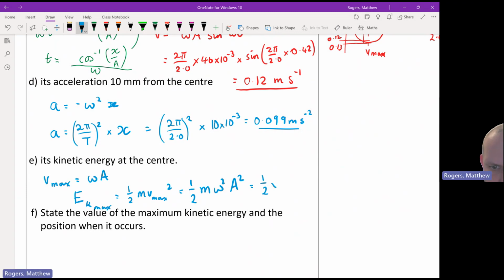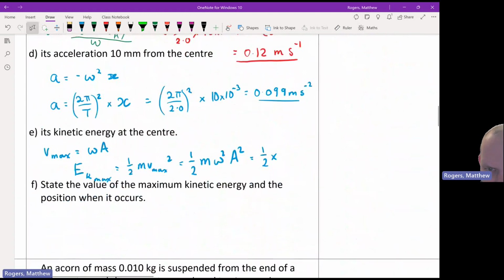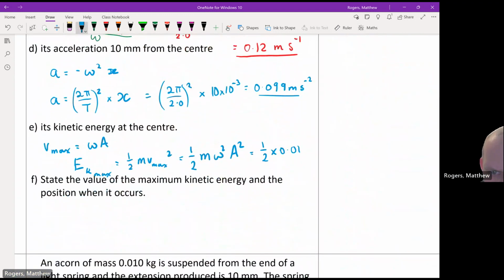So that's a half times the value of m, which was 0.01, times omega squared.